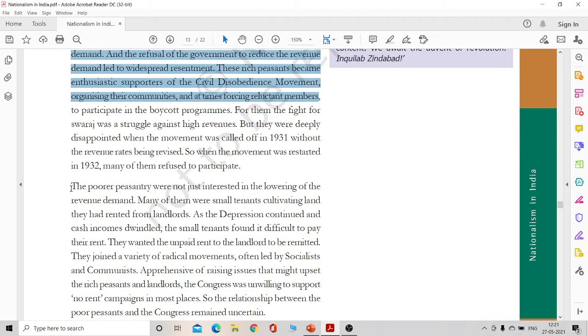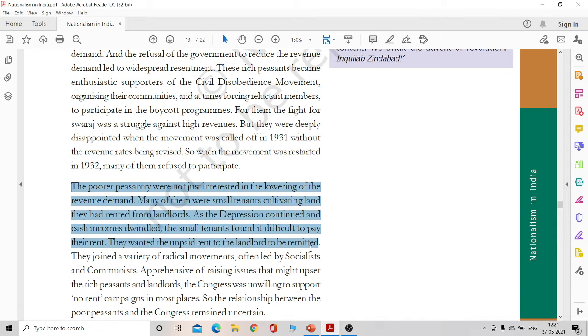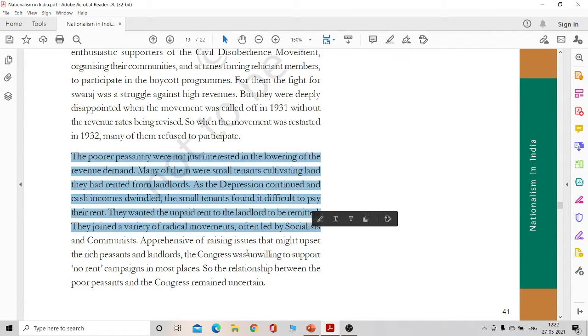Next, the poorer peasantry. If you get a question, why were the poorer peasantry not interested? It is because they were small tenants, and they had an antagonistic relation with the landlords, right? They not only wanted reduction of taxes, but also found it difficult to pay their rent. So they wanted unpaid rent to the landlord to be remitted.